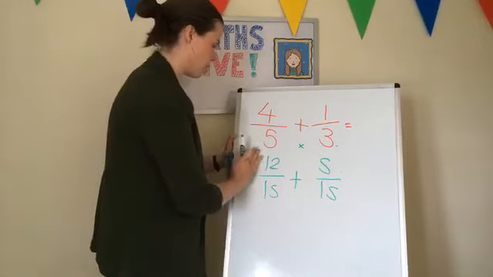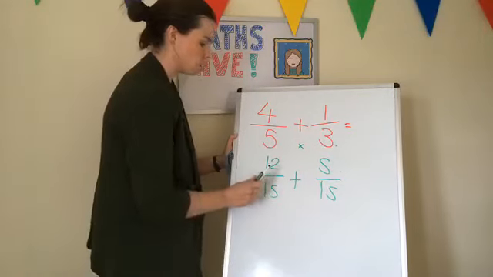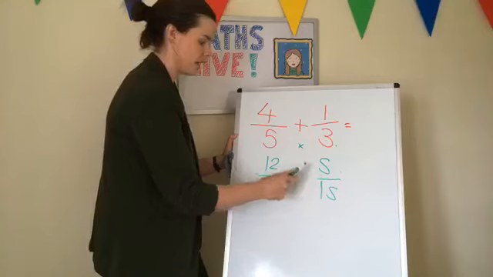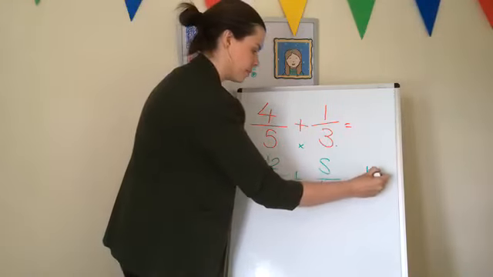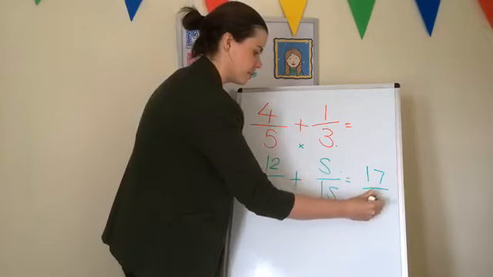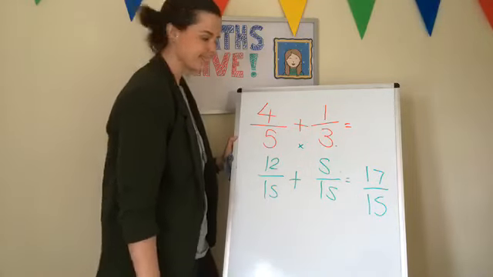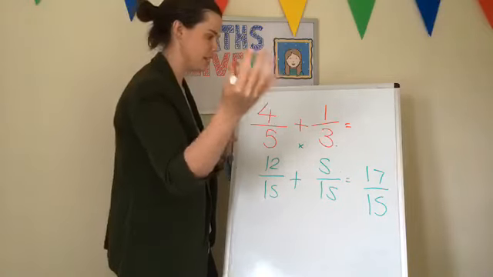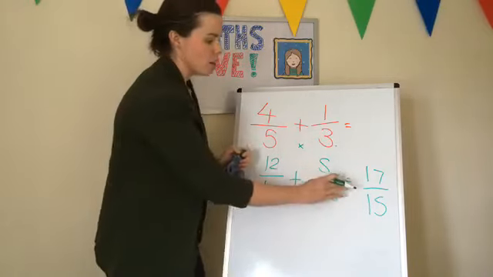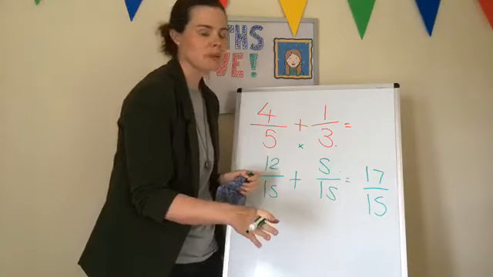Okay, so now the question is, what is 12 15ths plus 5 15ths? 12 plus 5, so that is 17 15ths. Okay, so you've got 12, 13, 14, 15, 16, 17. Some people asked about simplifying.